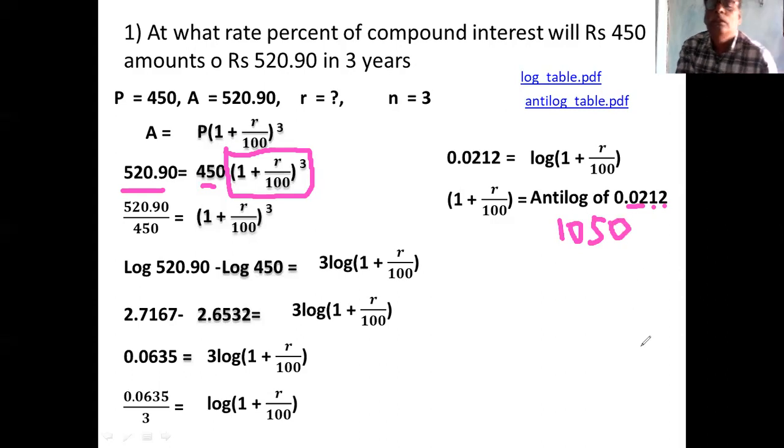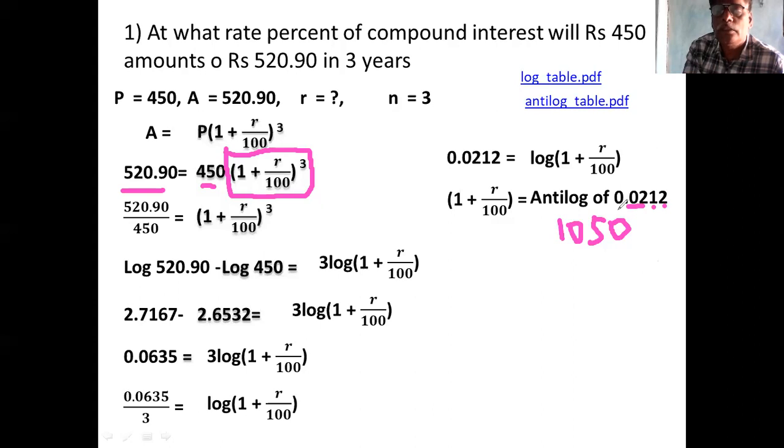Then you have to put a point. Where do you put the point? Characteristic is 0. While taking the characteristic, you reduce the digit by 1, and while converting the antilog to a real number, you add 1 to the characteristic.